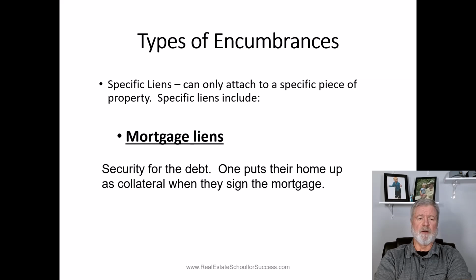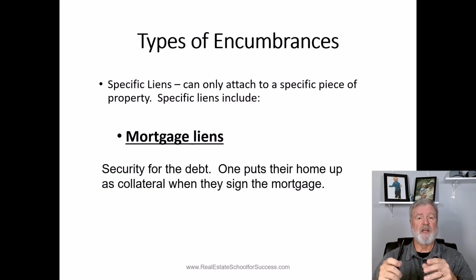Now, remember we said a mortgage lien is an example of a specific lien because it is specific to that one piece of property. Well, what if you own multiple properties? And say you quit making your payments. For whatever reason, you can't make the payments. You lose a job, whatever. And the bank has to foreclose on the property.